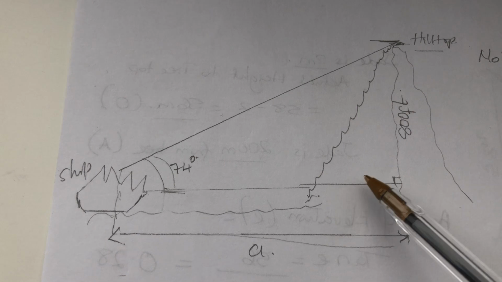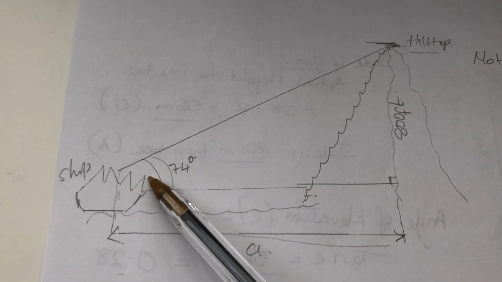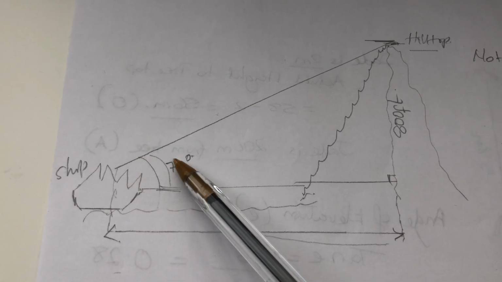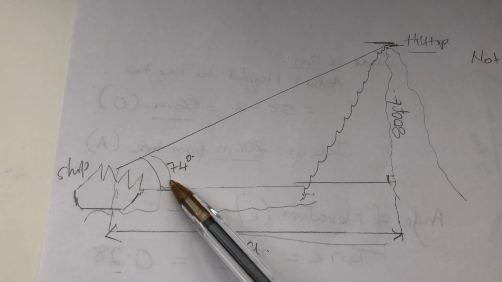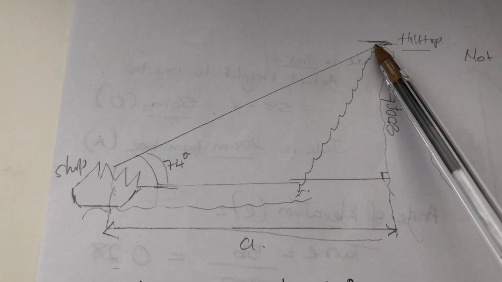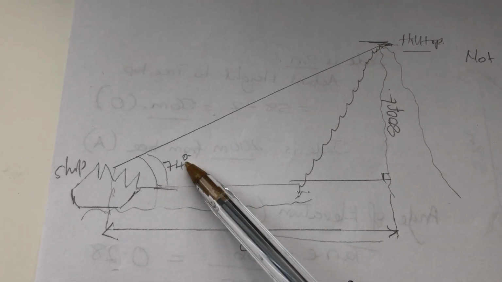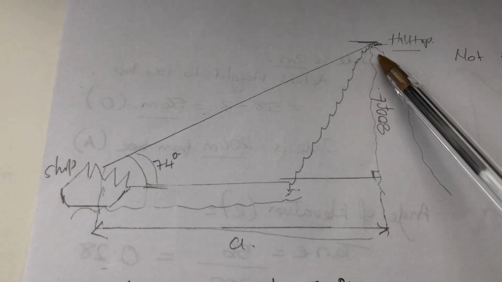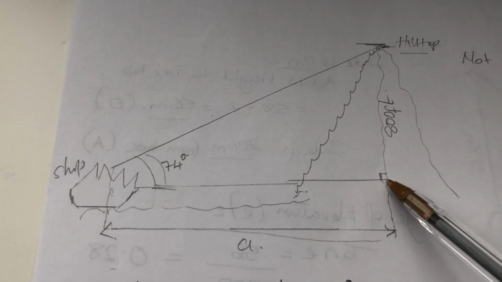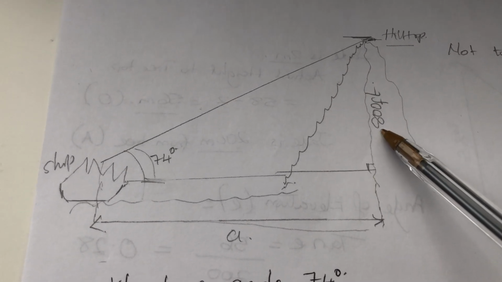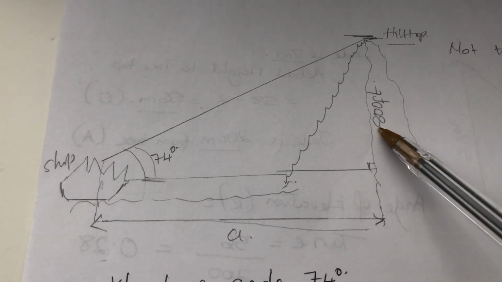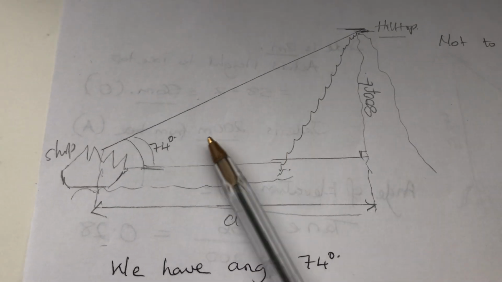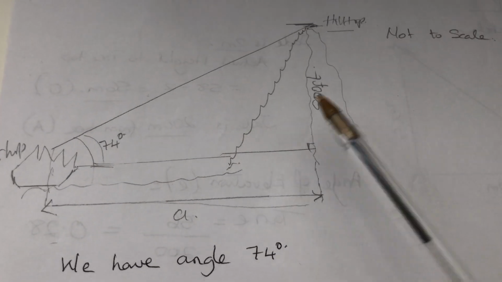If you're on this ship here, when you lift your eyes, the angle of elevation to the top here is 74 degrees, and the hill top to the sea level is 80 feet. By drawing, it widens your imagination. Now all the diagrams we've been using so far are not to scale.